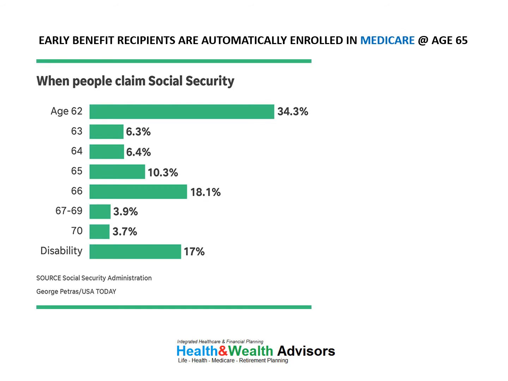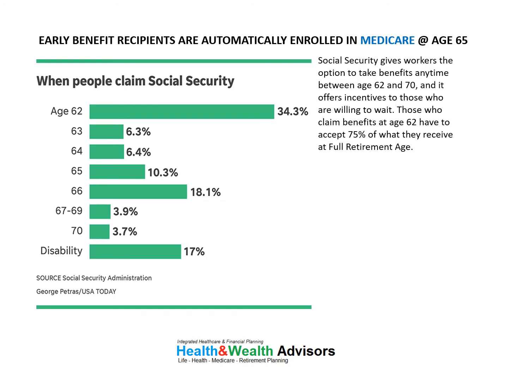Social Security gives workers the option to take benefits anytime between age 62 and 70, and it offers incentives to those who are willing to wait. Those who claim income benefits at age 62 have to accept 75% of what they receive at full retirement age.